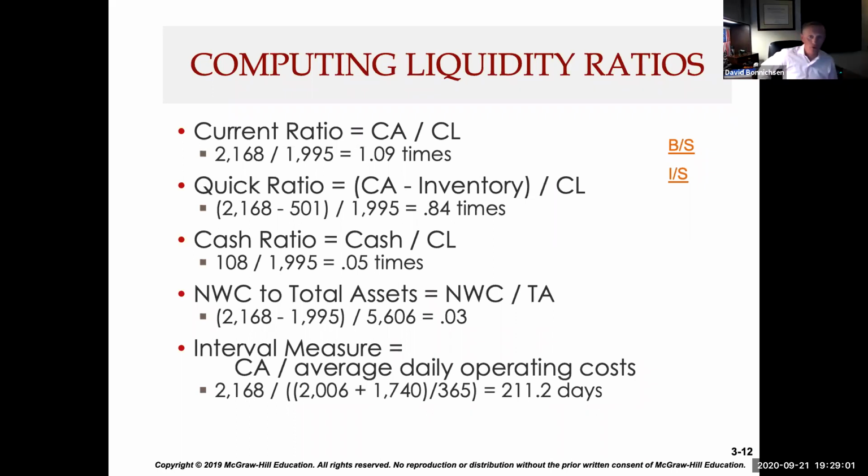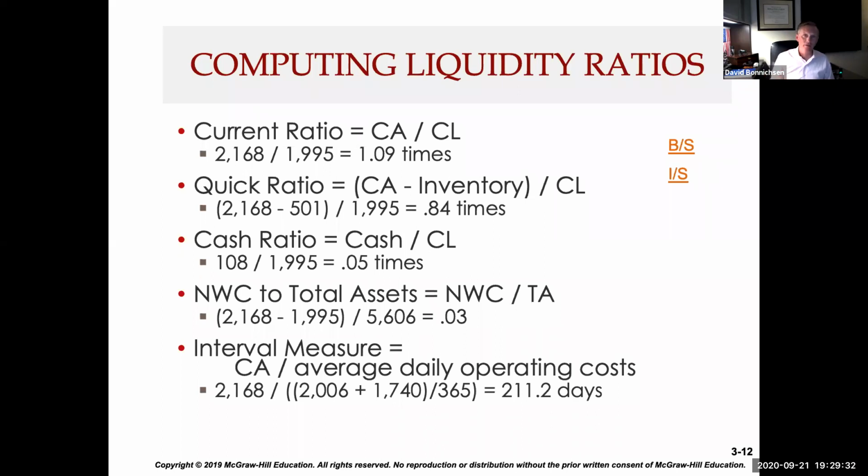So moving to the quick ratio, also known as the acid test, ACID, acid test. Not like Jimi Hendrix acid, but acid test. Current assets, but we strip out inventory, the least liquid of the three types of current assets that we're going to talk about in this class.